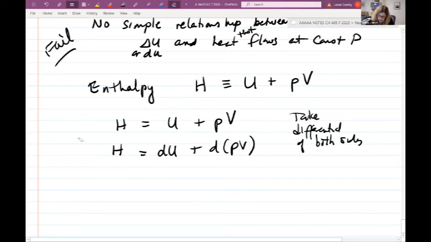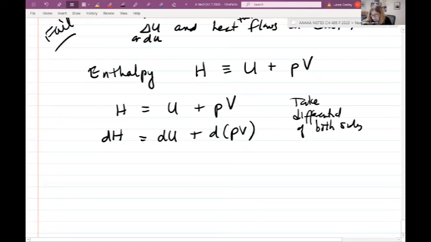Taking a differential is really like taking a derivative, so we have to use all the rules for derivatives. When you differentiate a product, you have to use the product rule: the first times the derivative of the second, and the second times the derivative of the first. So this becomes P dV plus V dP.